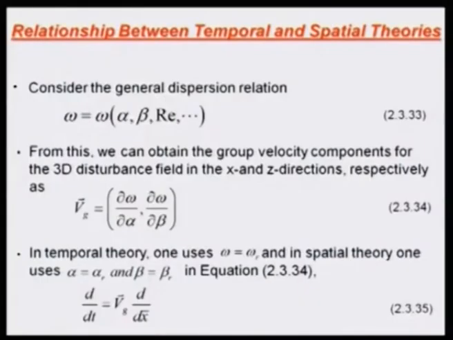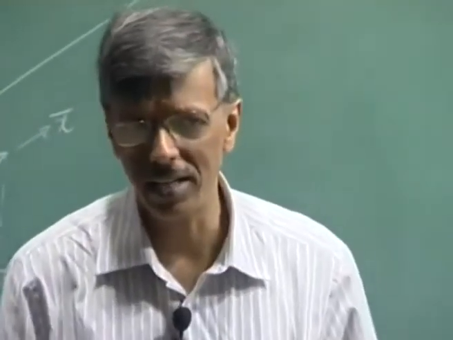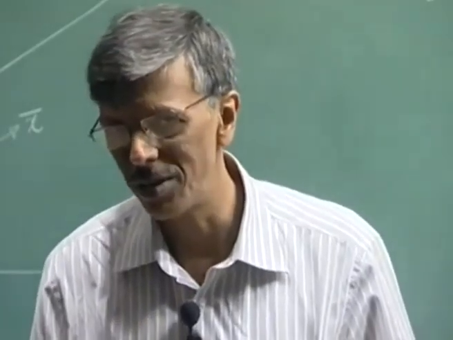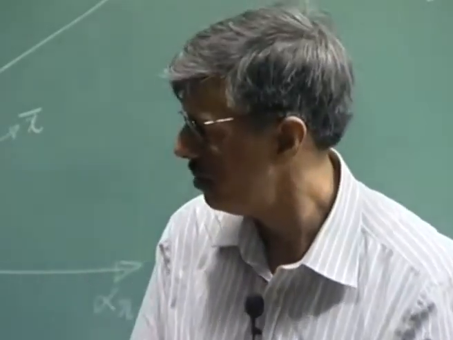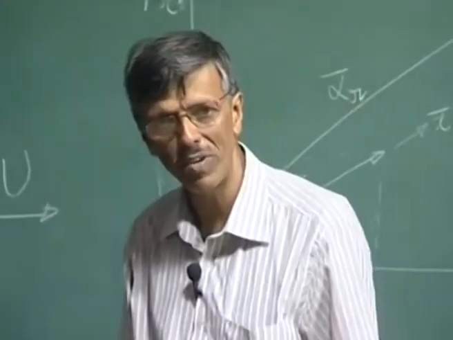We will prove it rigorously somewhat later, but this is what Schlichting did. While Tollmien was the first to calculate the critical value of Reynolds number above which flow becomes unstable, Schlichting actually worked out the various growth and decay rates using spatial amplification theory.